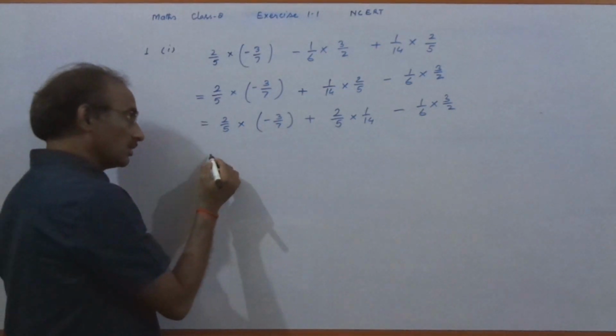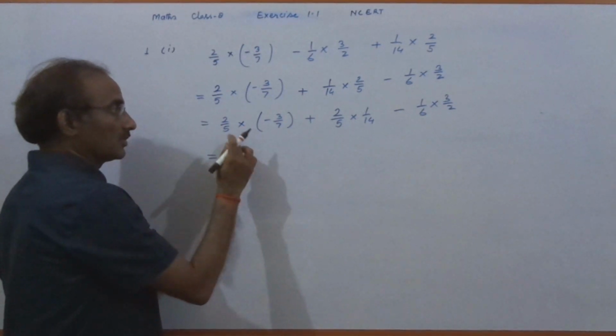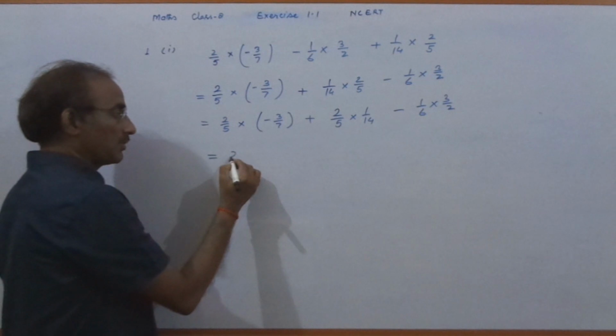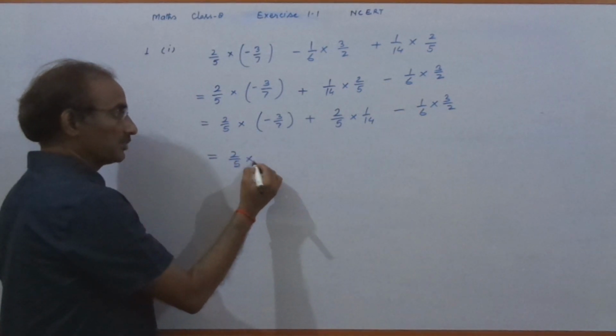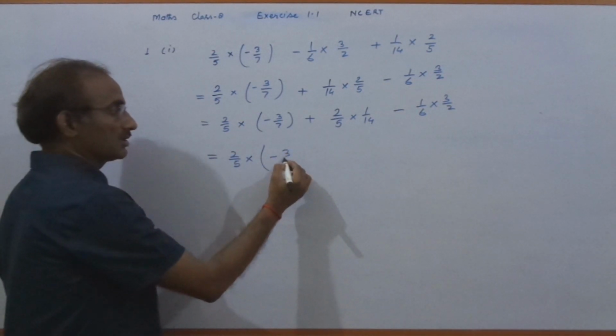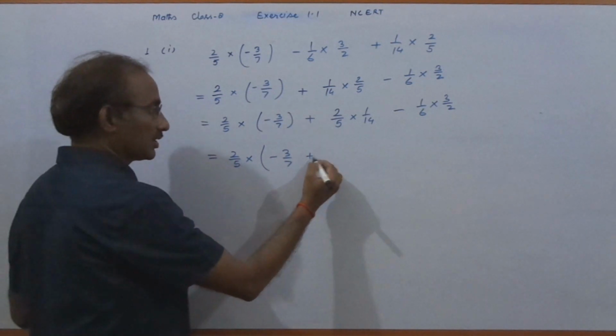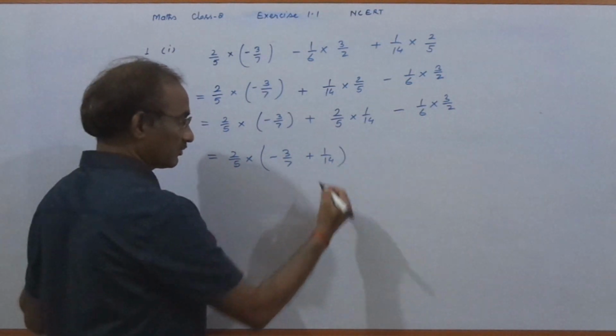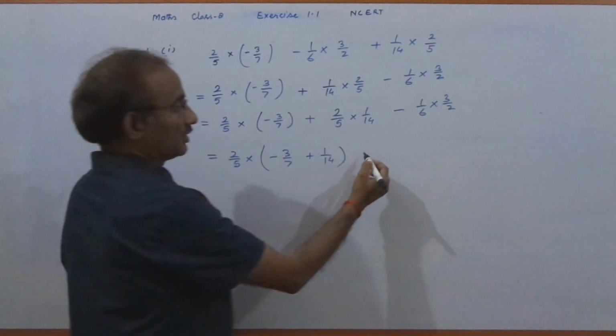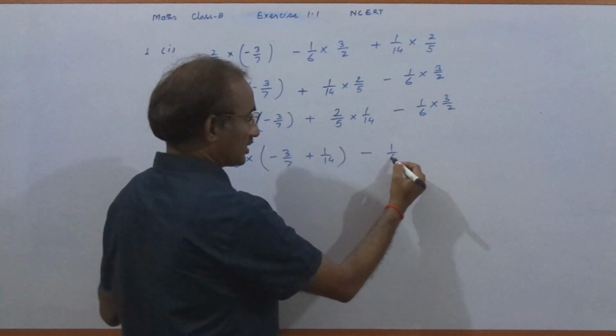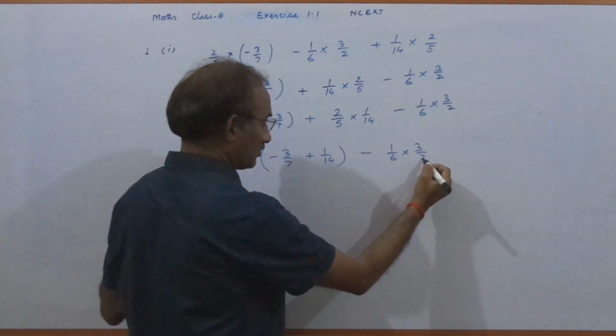Now using distributivity, we get 2 upon 5 multiplied with minus 3 upon 7 and plus 1 upon 14 minus 1 upon 6 into 3 upon 2.